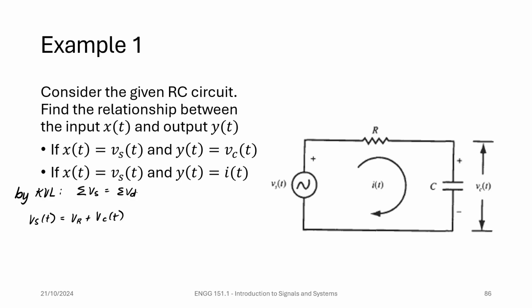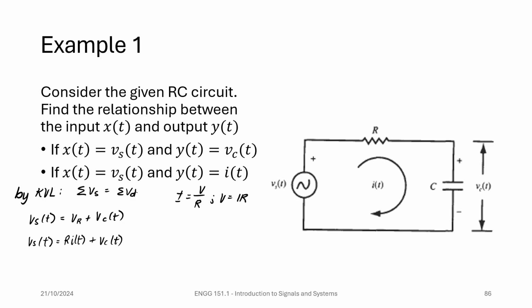Now, via Ohm's law, we know that I is equal to V over R, which means V is equal to IR. Okay, although, syempre, hindi naman na to Circuits 1, so we're going to represent I as an instantaneous current, at current with respect to time. So we're going to rewrite this as R i of t, with the current as a function of time. Then plus VC of t.